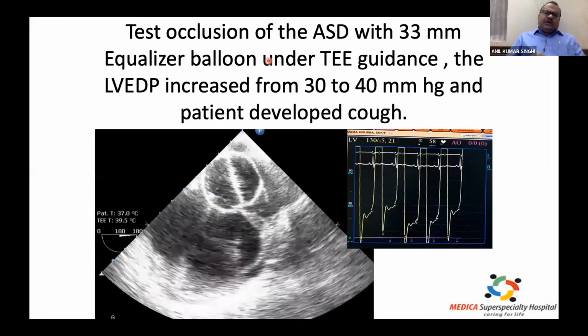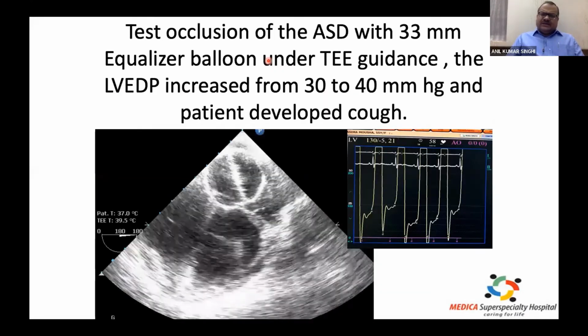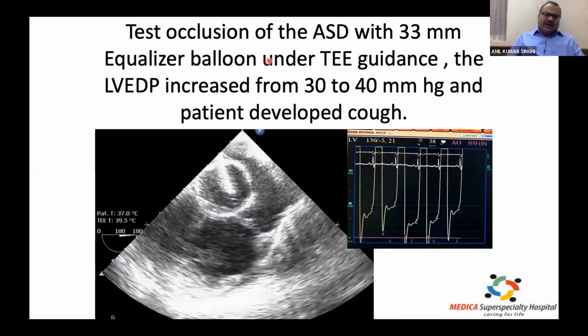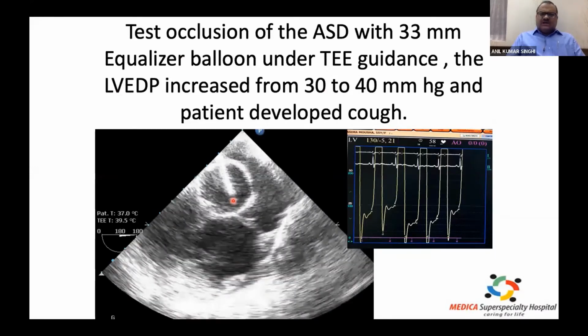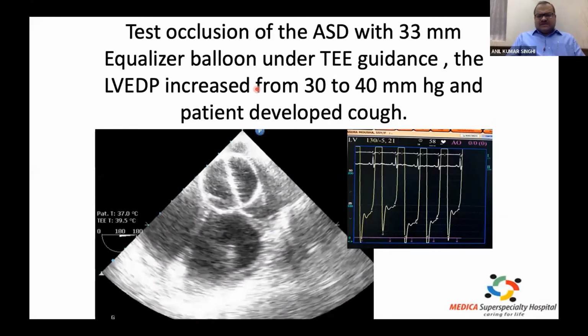We decided to test occlude the ASD with a 33 millimeter equalizer balloon, and here again the TEE was helping to know whether we have stopped the flow across. The LVEDP, which was 30, jumped to 40 and the patient developed symptoms. So you can appreciate the very high LVEDP in that patient.